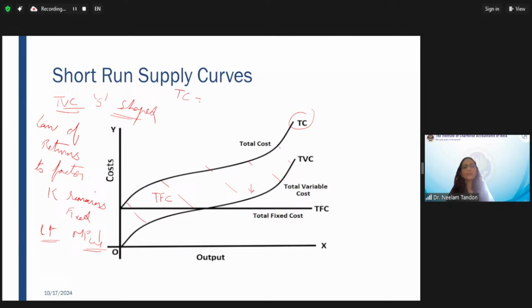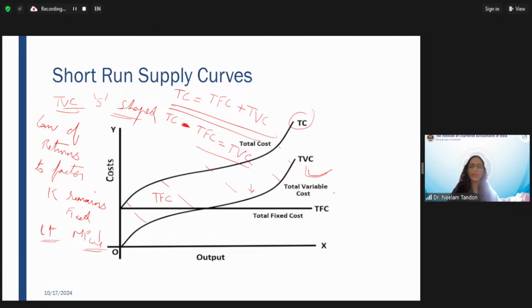This TC is TFC plus TVC. And TC minus TFC is equal to TVC. So if you subtract this TFC from TC, you will get this TVC. Okay, so this is the relationship between TC, TFC and TVC.